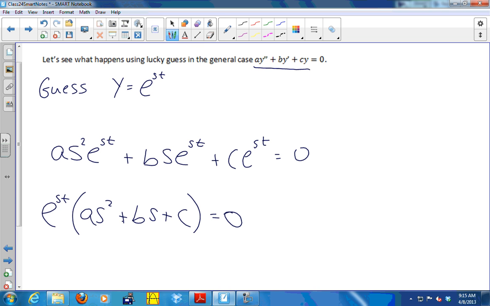So we can stop doing the little show of saying, let's guess y equals e to the st, plug it all in. Now we can just read it. You can just look at the ODE and say, oh, its characteristic equation has to be a s squared plus b s plus c equals 0.